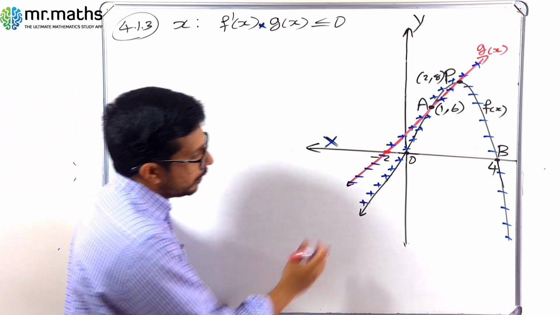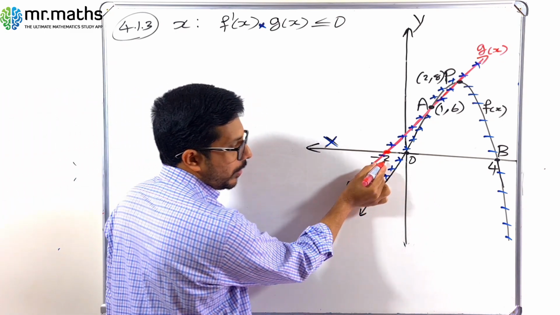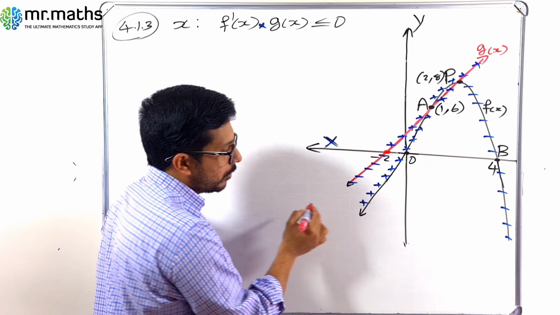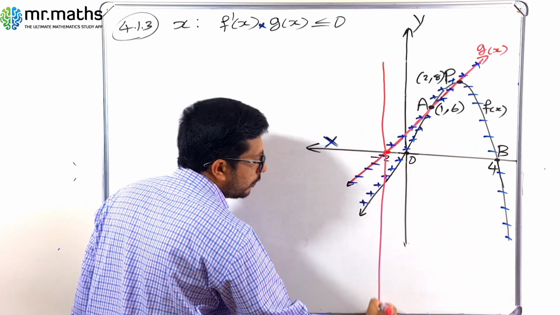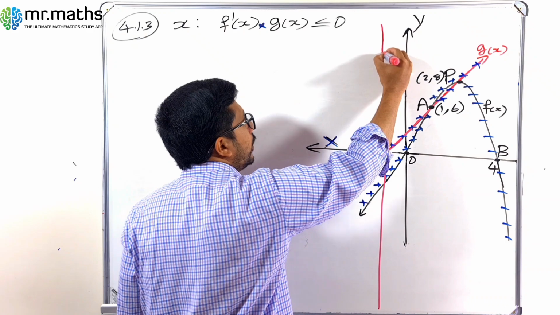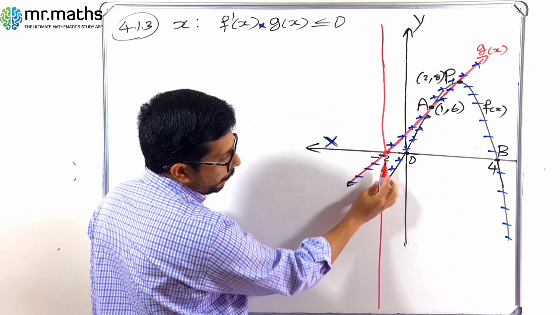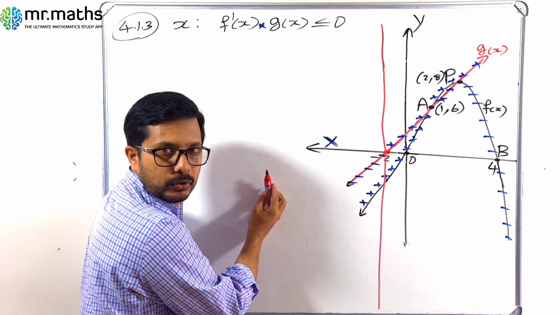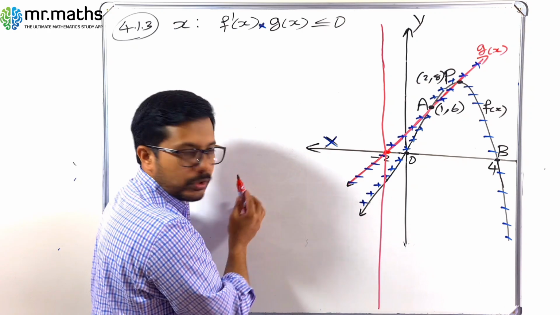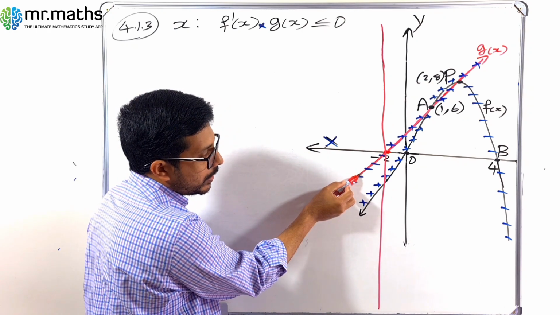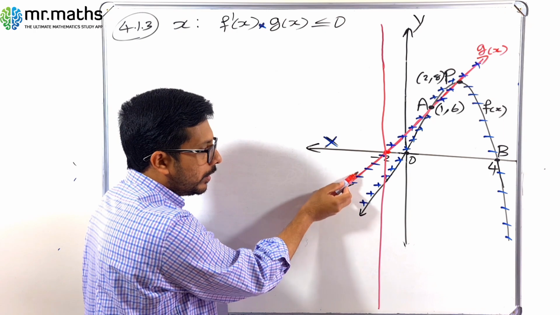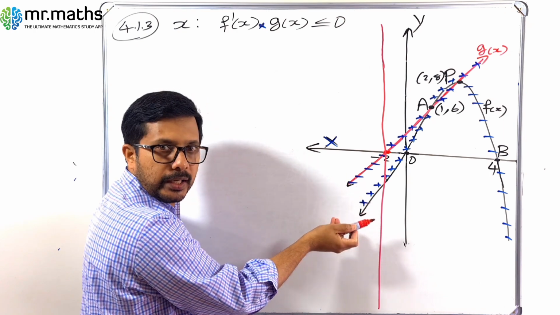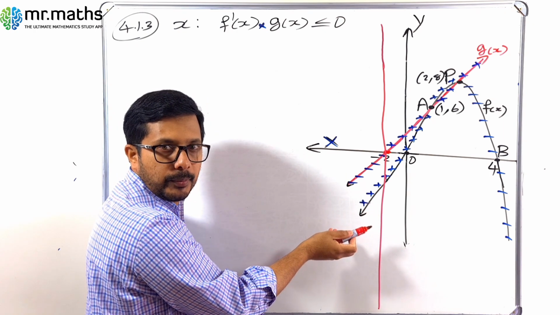Look at this one. This point, the x value is -2. Is it not so? Let me draw a line passing through that -2. So before -2, g of x is negative, f of x is positive. That means negative times positive is negative. That is what we want. Am I right?